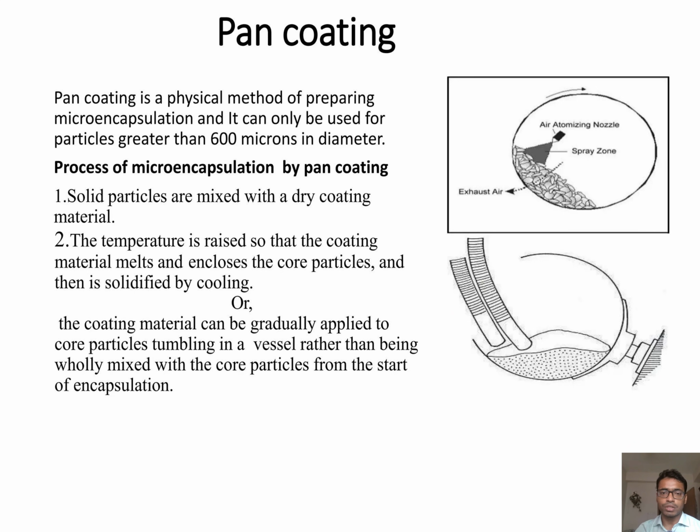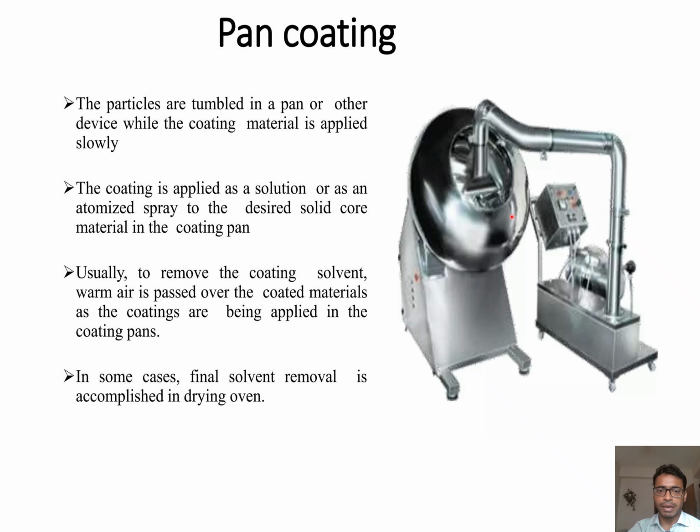So I'm just going through this. So this is the pan coating. Just go through this. You can easily learn this. However, I have described the full pan coating mechanism in tablet coating. If you want a broader description, please go through the slides.